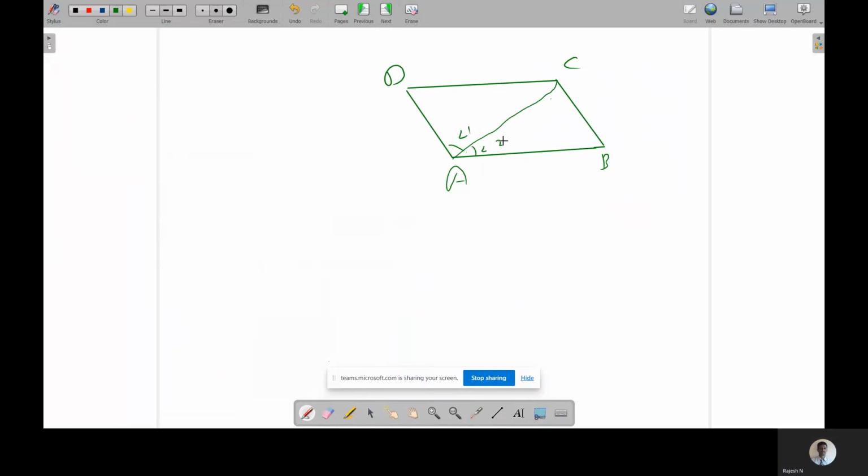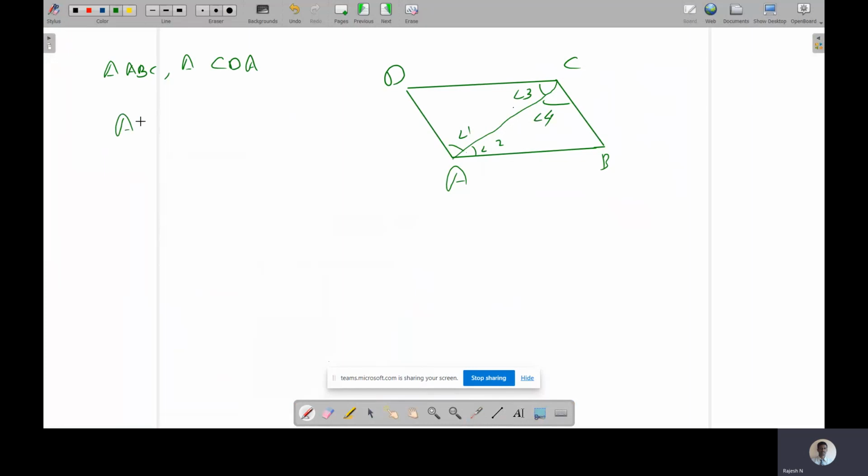Angle 1, angle 2, angle 3, angle 4. So in triangle ABC and triangle CDA.